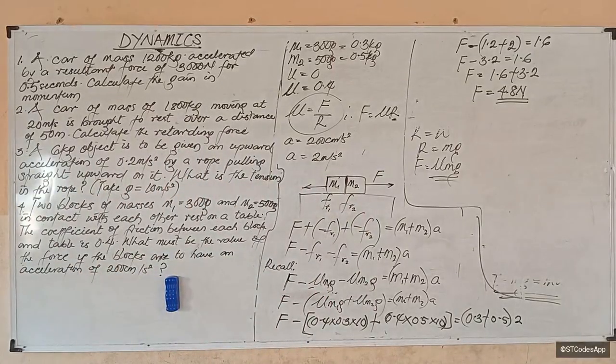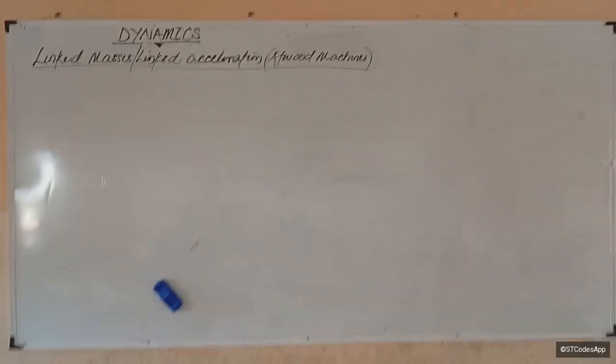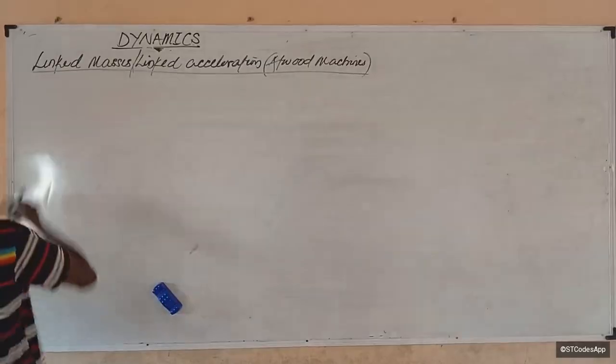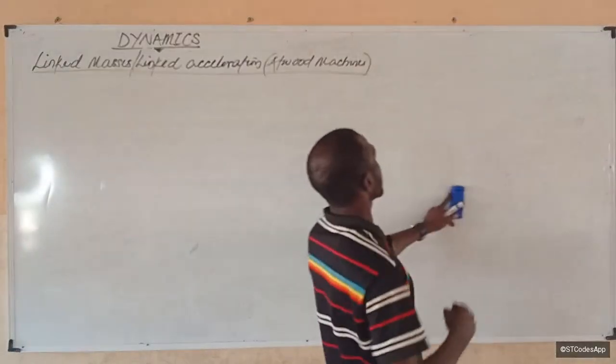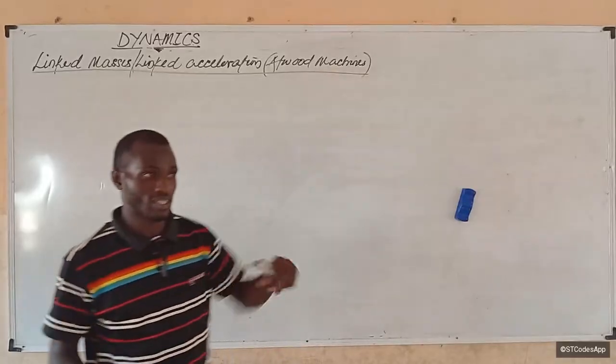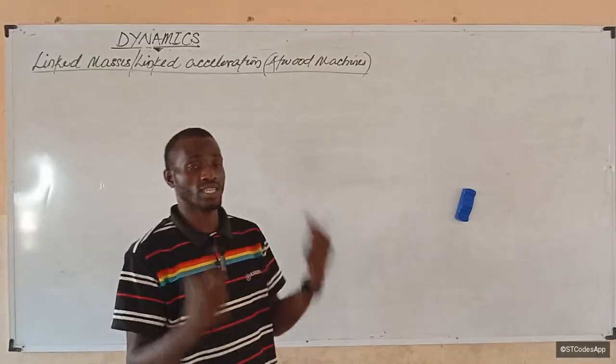Let me clean the board. All right. So now let's look at linked masses or linked acceleration. We call the entire thing Atwood machines. An Atwood machine uses a pulley with an inextensible string.